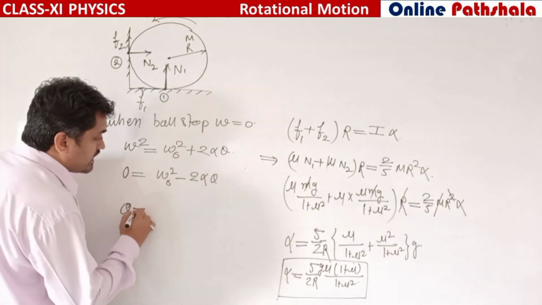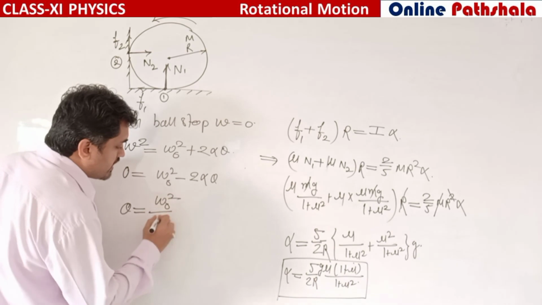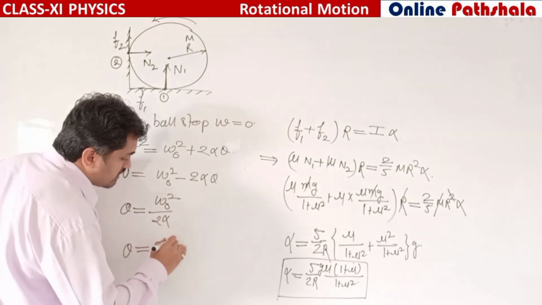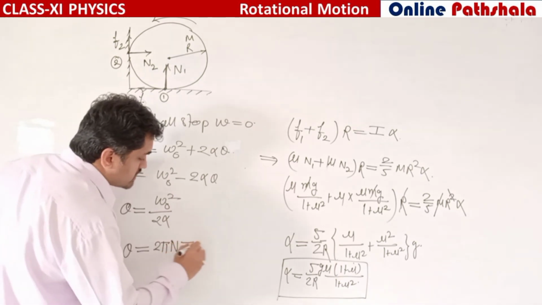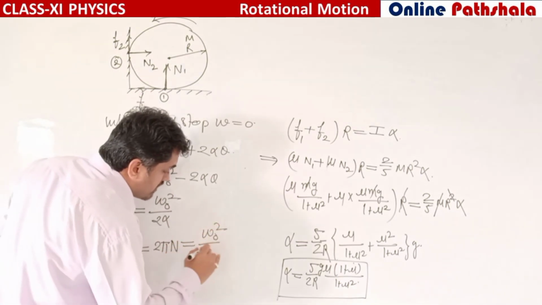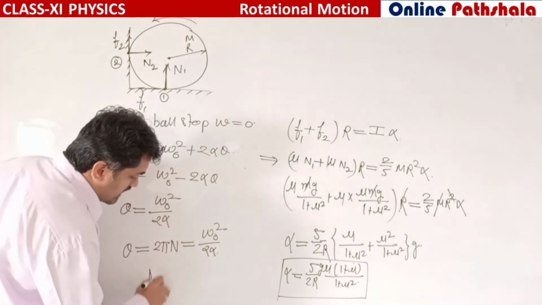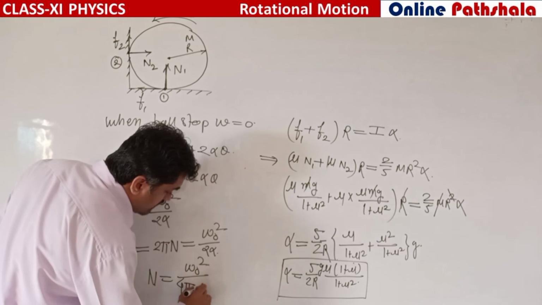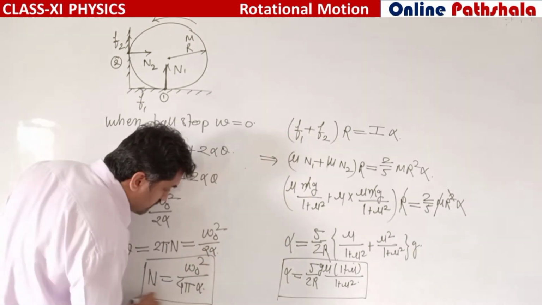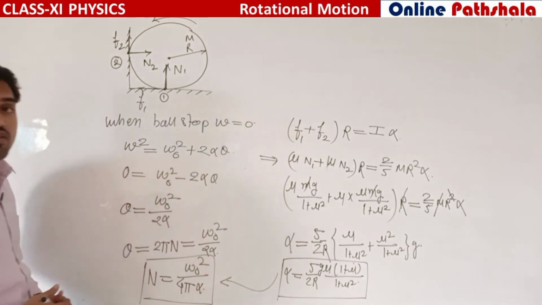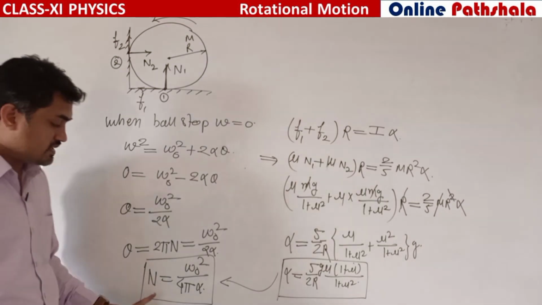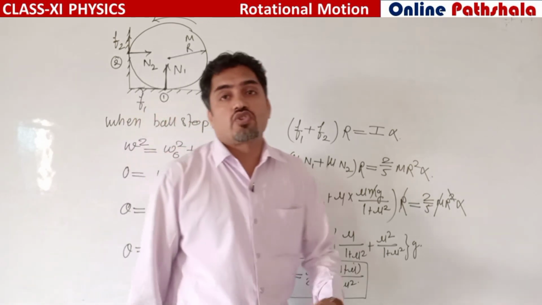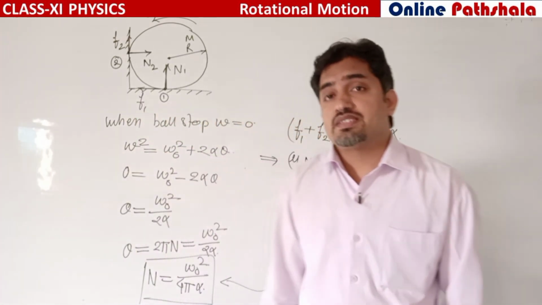From here we can find theta, which is equal to omega naught square divided by 2 alpha. This theta can be written as 2 pi n, where n is the total number of rotations, so n is equal to omega naught square divided by 4 pi alpha. Now we can put this alpha in this n, and we can find the number of rotations before it stops. Very interesting numerical.